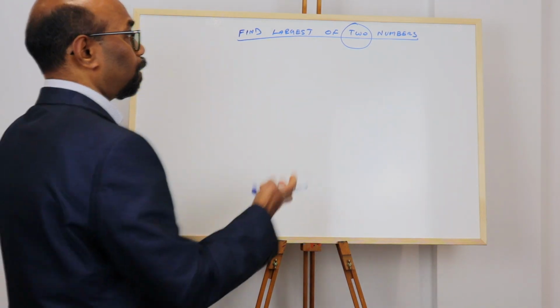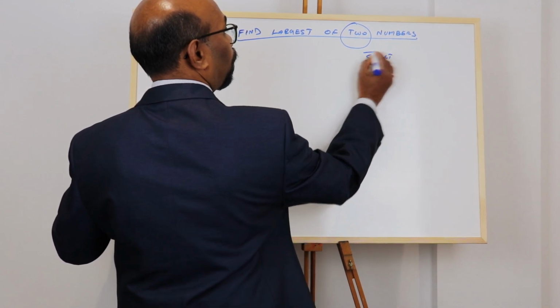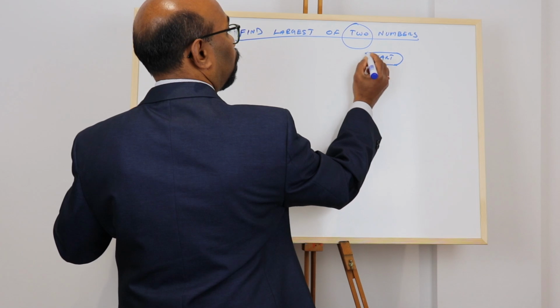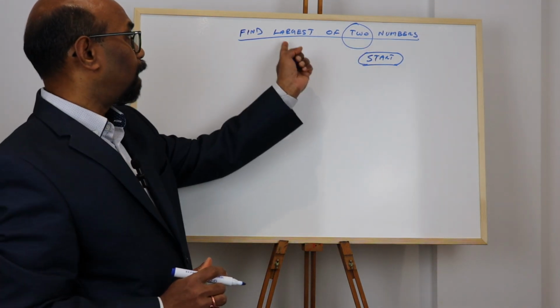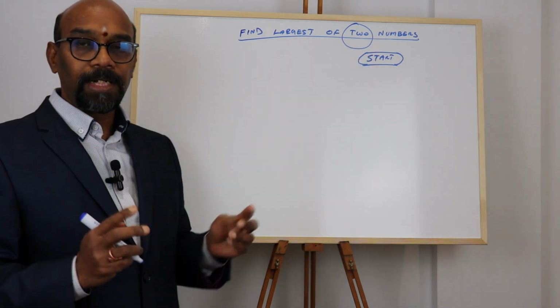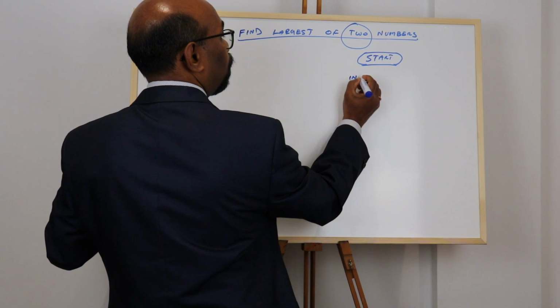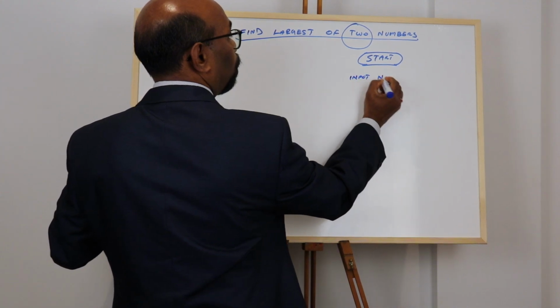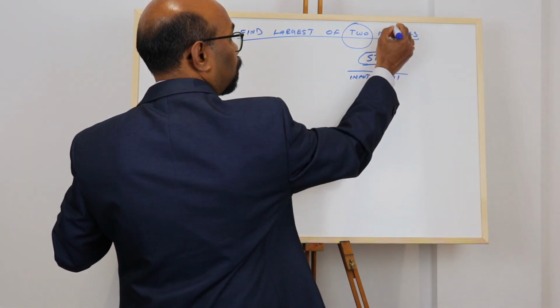As usual, let's start. We need two numbers. Find the largest of two numbers, so we need two inputs. One is, let's call it, input number 1, because it says numbers.